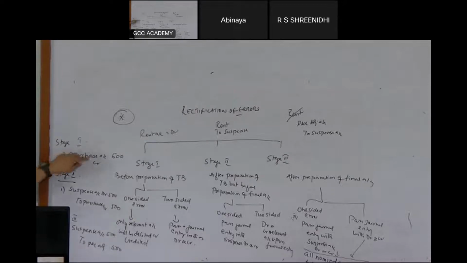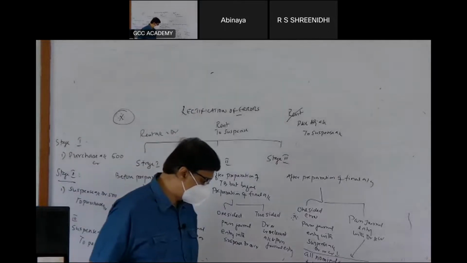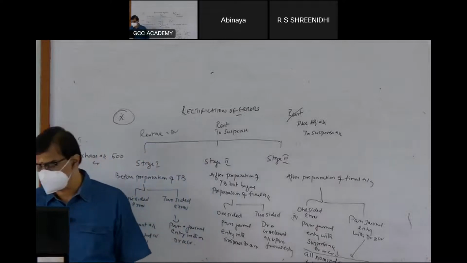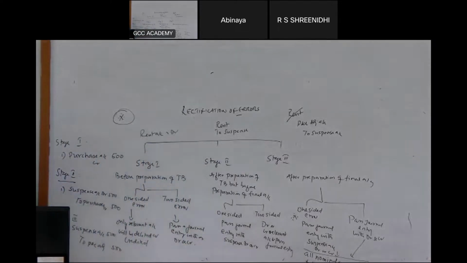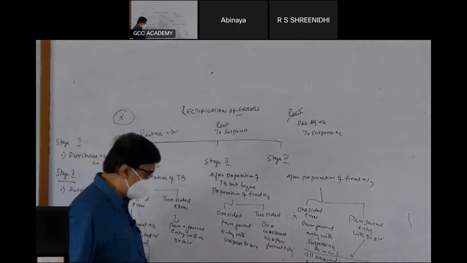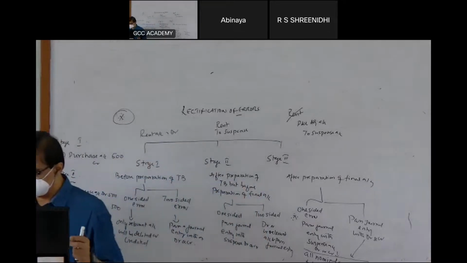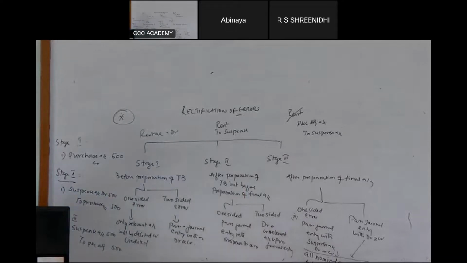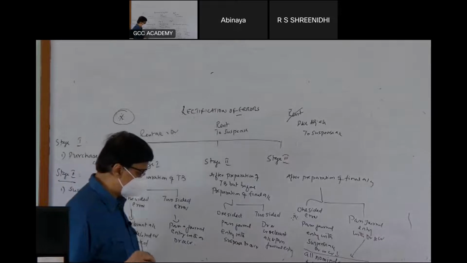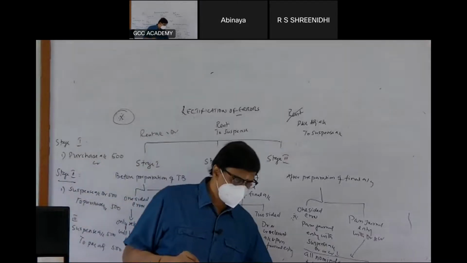Just like the purchase credit, it is only one entry. Sales account will be debited by 500. Stage 2. So sales account debit to suspense account. Very good. Correct. Perfect. Sales account debit to suspense account. That is for stage 2. What is stage 3?